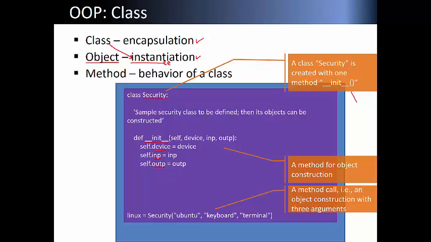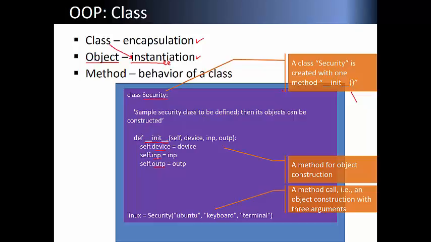Of course, in order to do that, you have to have here, no, you don't need to declare. In other programming languages, you need to declare your device, input and output, and then you need to say that. But in Python, we don't need to.